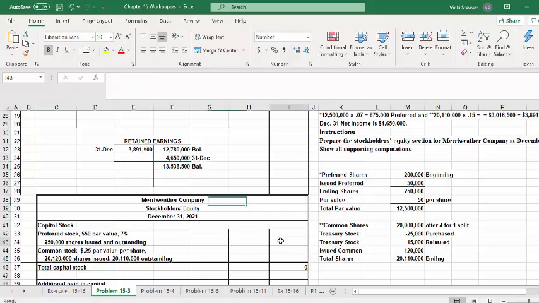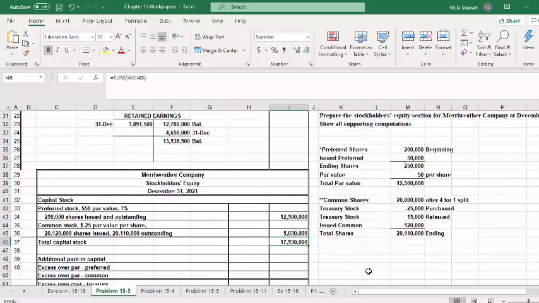So now we're going to complete the stockholders' equity section for Meriwether Company as of December 31st, 2021. The preferred par value, as we stated above, was $12,500,000. The par value of the common stock at the end of the year was $5,030,000. So the total capital stock is $17,530,000.